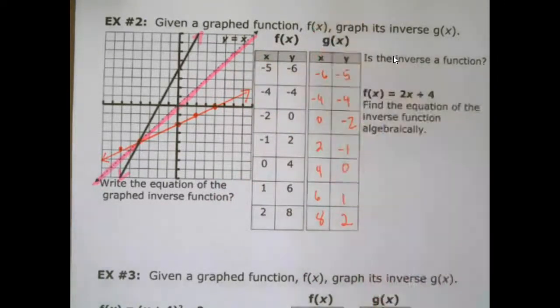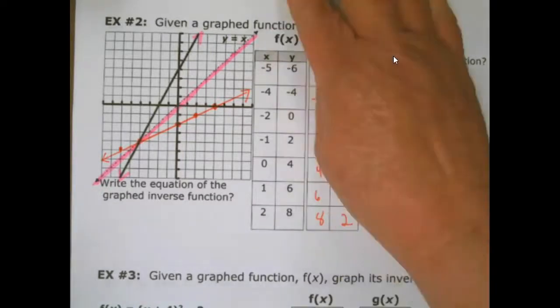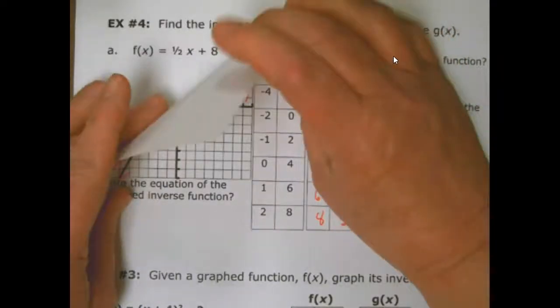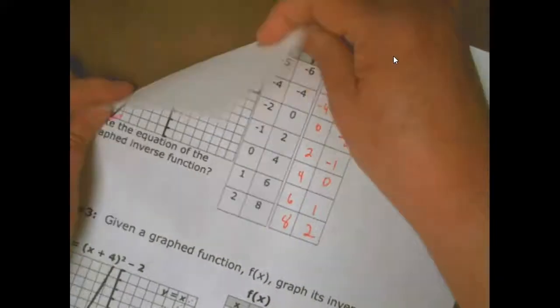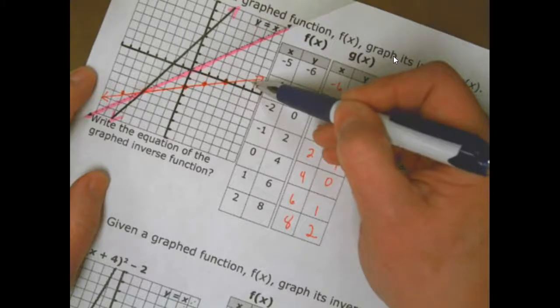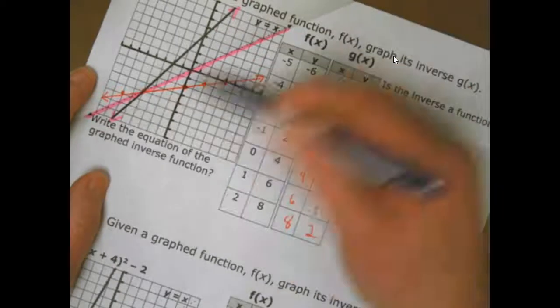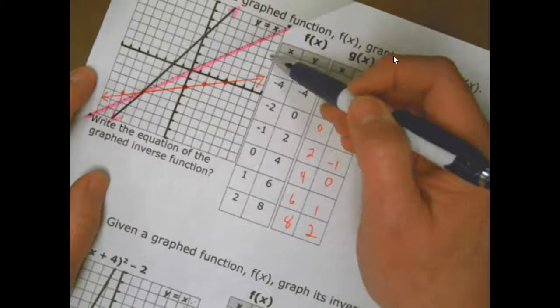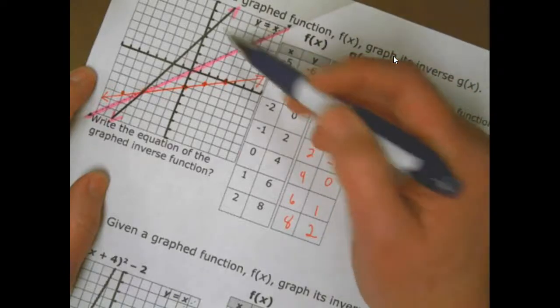If you fold your graph paper on that dotted line, this line will match up with that line. That's what it means that this is the line of reflection. These are reflections over this y equals x line.